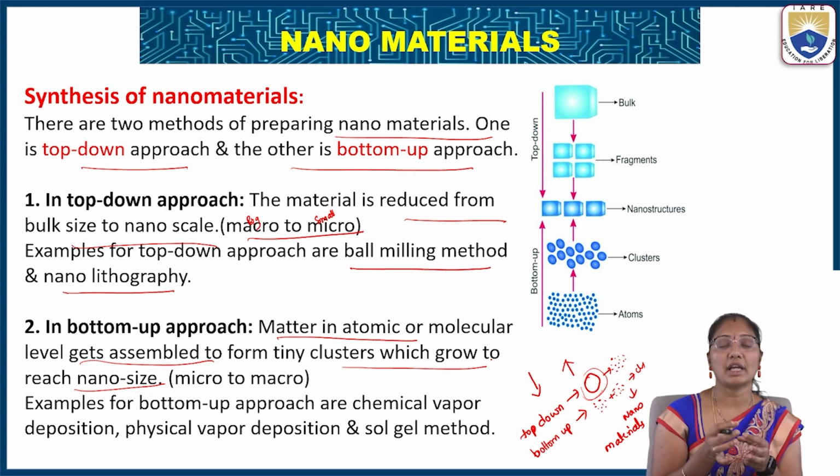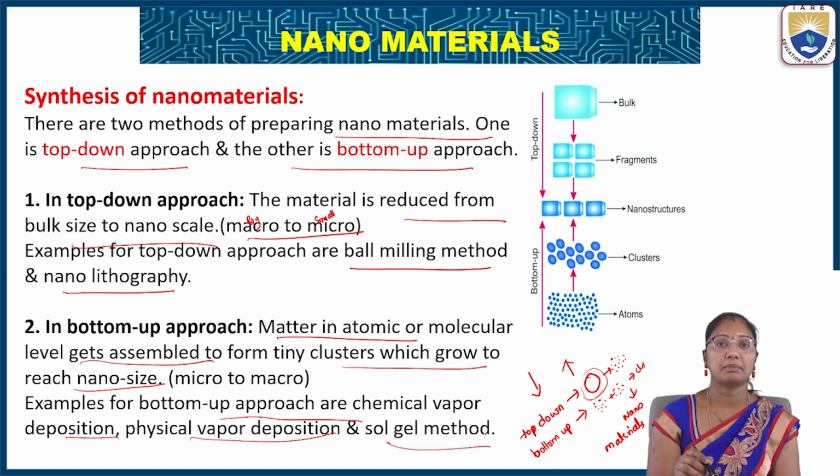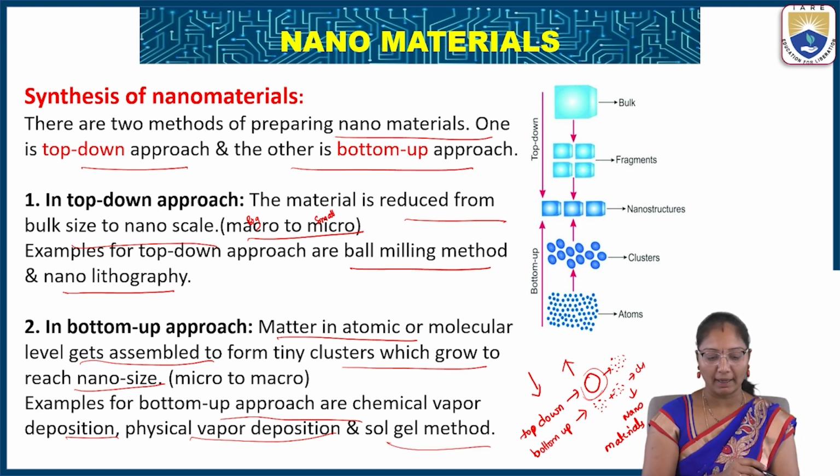They assemble and form layers called clusters, which grow to reach nano size, and they assemble to give the nanoparticles. Examples for the bottom-up approach are chemical vapor deposition, physical vapor deposition, and the solvent method. So these are the three methods available for the bottom-up approach.